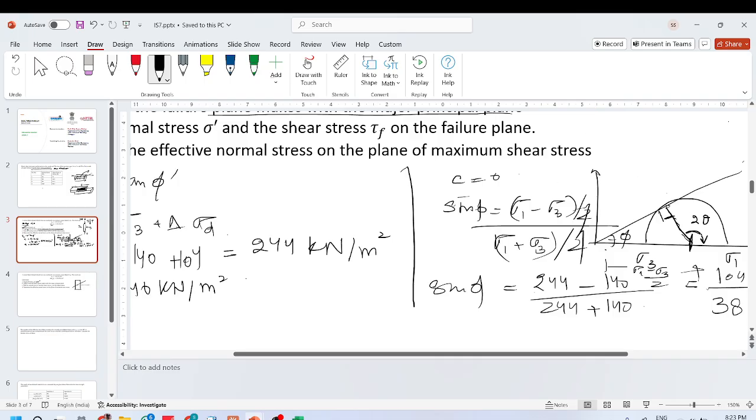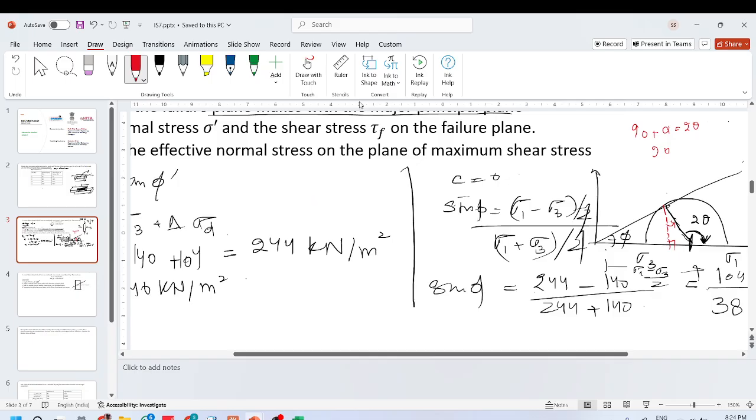So this angle is 2 theta, and if we take this, this will be 90 plus this angle equals 2 theta. So this will be 90.